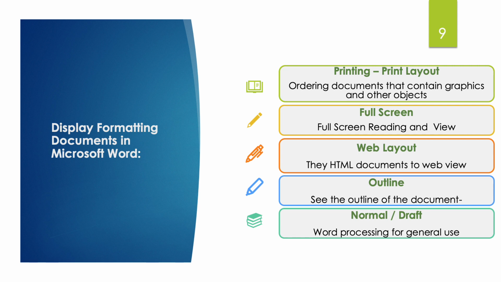Because I told you that even in Microsoft Word, you can create an HTML web document. Okay, you can also see the document as outline, and normally we use the normal or the draft view.